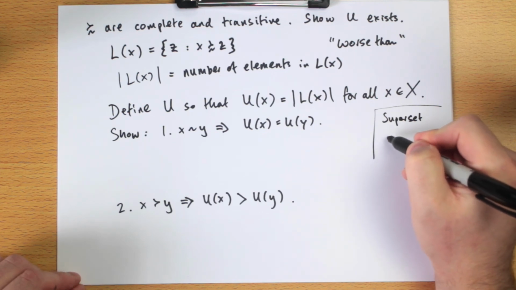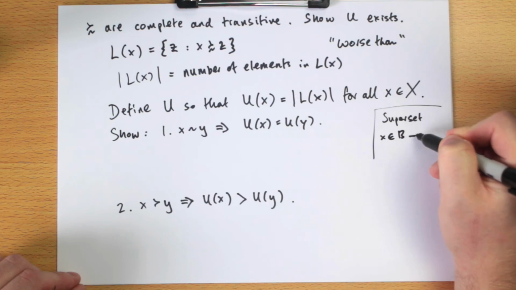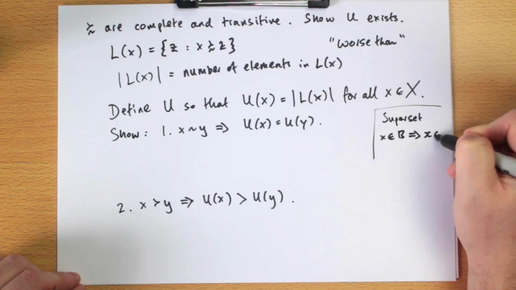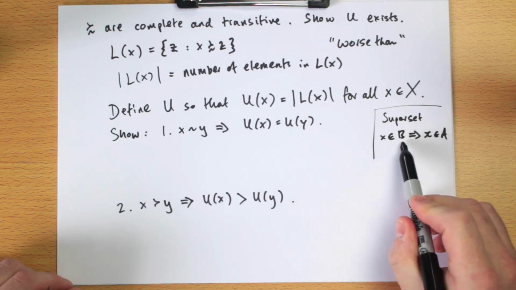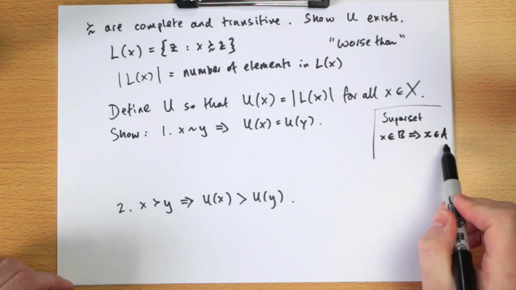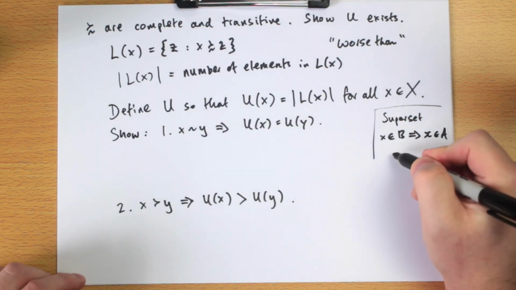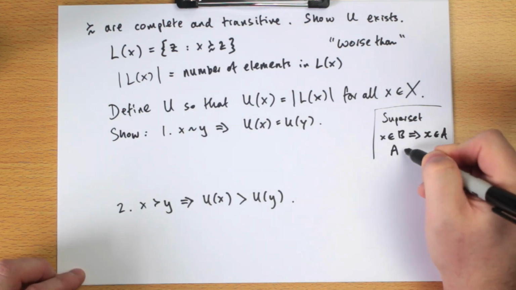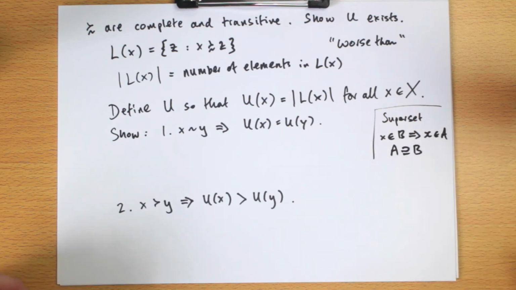Well, if x belongs to B implies that x belongs to A, so anything that's in B is also in A, then A must be bigger than B, or at least as large. So that's what we mean by A is a superset of B. So we'll need that next.